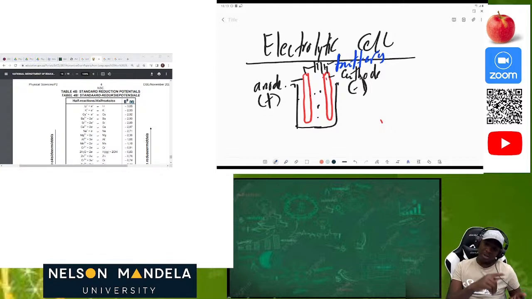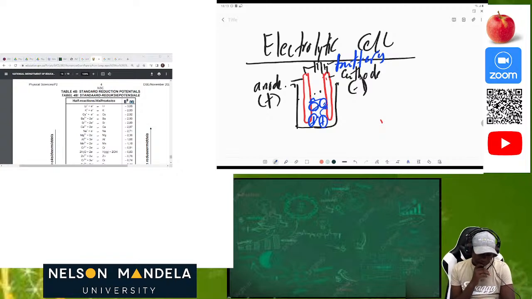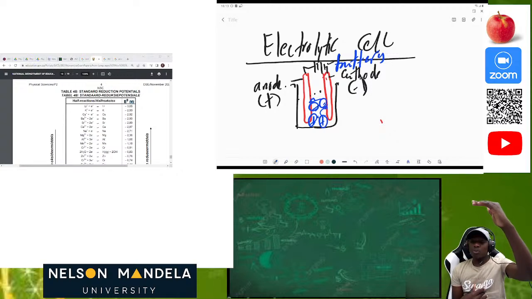So the negative will be moving to the anode to be oxidized, then the positive will be moving to the cathode to be reduced. Also, you must be able to use your reduction table the same way we have been doing, but now it's the inverse. What was on the top, we start with what is at the bottom now. Just like that, we'll be able to solve the problem.